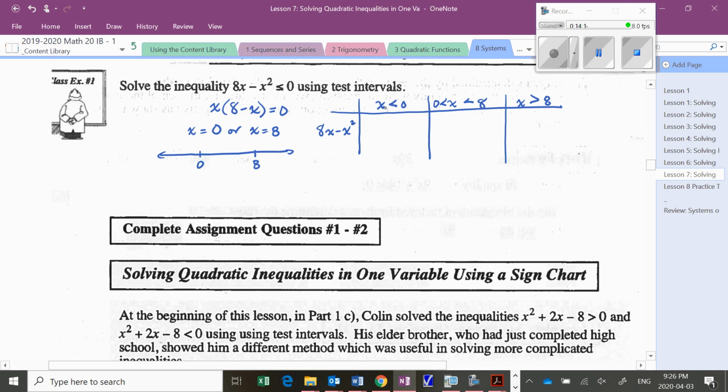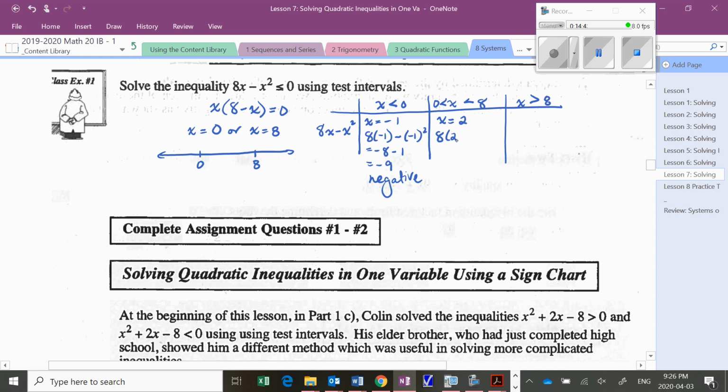So picking something that's less than 0, let's say x is equal to -1. Then I've got 8 times -1 minus negative 1 squared, so negative 8 minus 1, which is negative 9, so that gives us something negative. Then something that's greater than 0 and less than 8, let's say x is equal to 2.